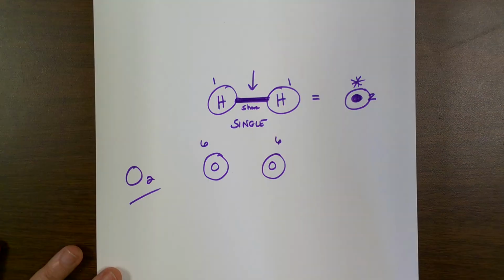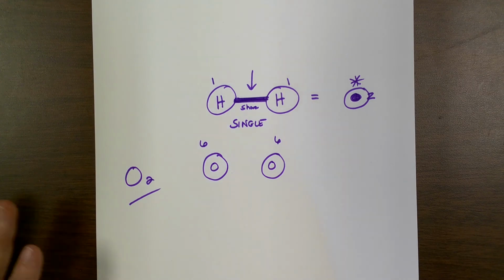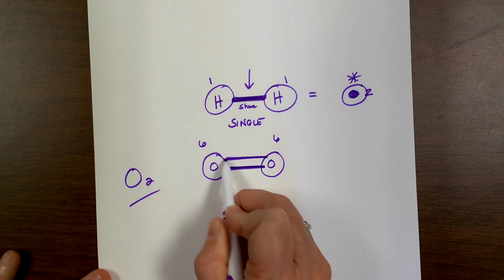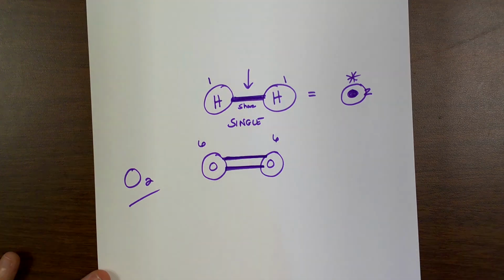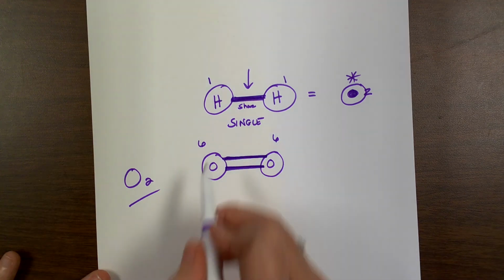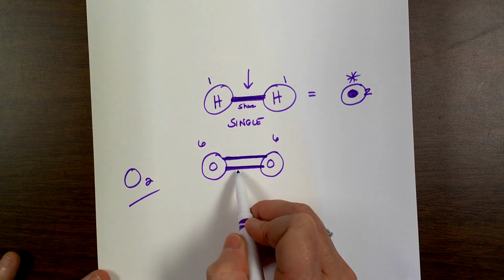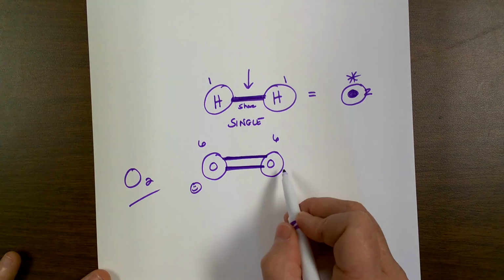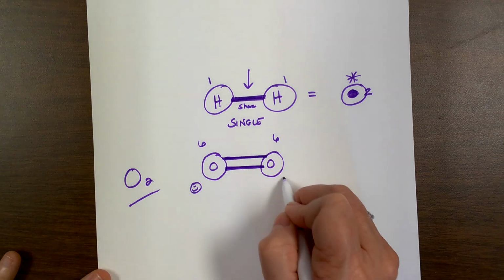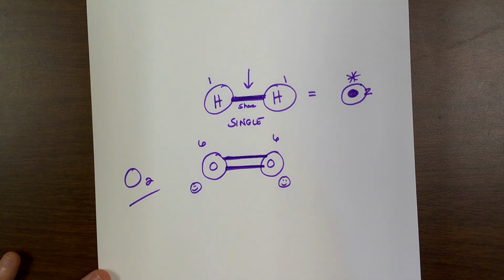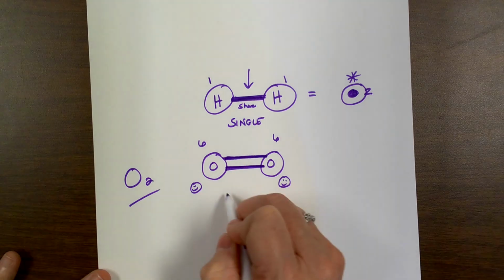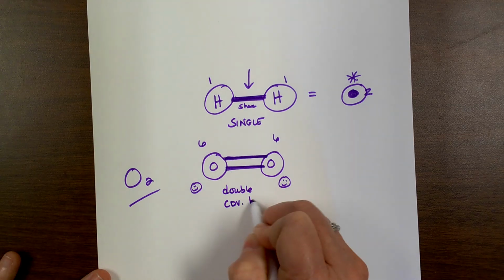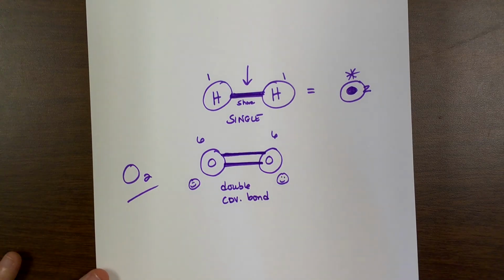So this is also a 6. So what they have done is they've gotten together and they share 2 valence electrons. So that makes 6 plus 2, she's sharing, so she's happy. She's got 8. And this one has 6 on her own, but is sharing 2 here, so 2 plus 6 is 8, and she is also happy. So this is called a double covalent bond, right? And double just means they share 2.